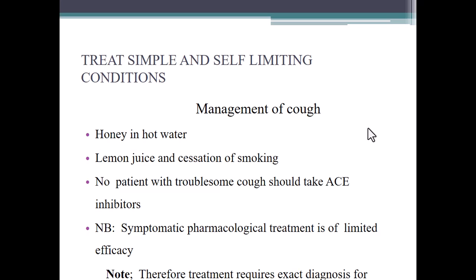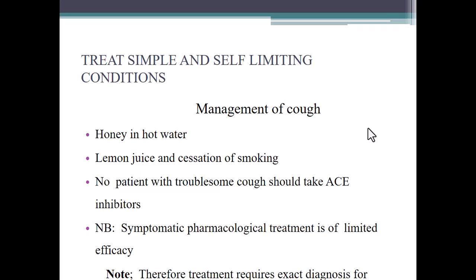You can also mix honey, lemon juice and hot water, or you can mix honey, lemon juice, and you can also mix in garlic. This also enables you to manage cough non-pharmacologically. Lemon actually is good because of its citric activity and the vitamin C that it has. You can also do cessation of smoking, like if a person has been smoking, the person can stop smoking for the period they have been coughing.